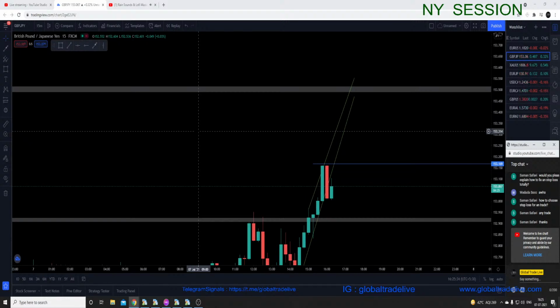So that's why it's really important for us to be very careful and patient. Now we have 4 minutes left for the current candle to close.